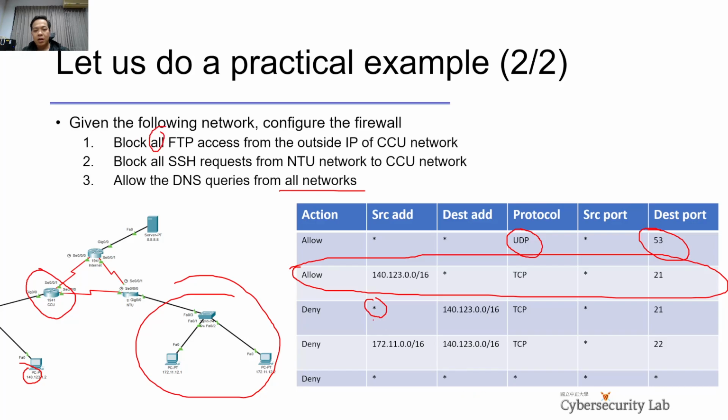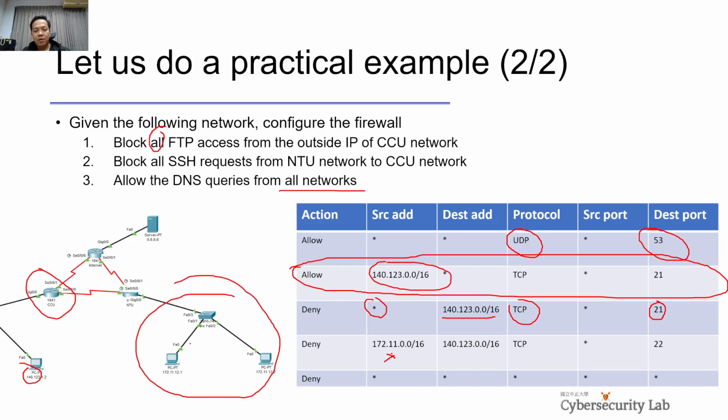So we can add star, and with this destination we can deny or block all the FTP requests from the outside, with TCP and the port about FTP. Do a similar deny, but you cannot apply this star, because this star may conflict with this one.